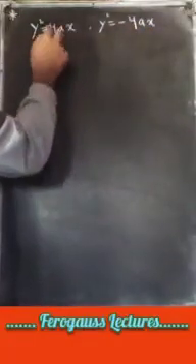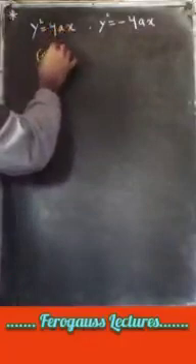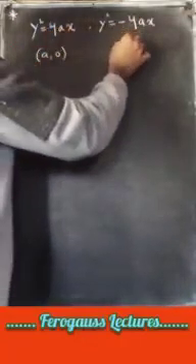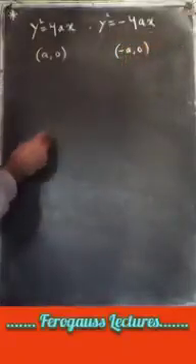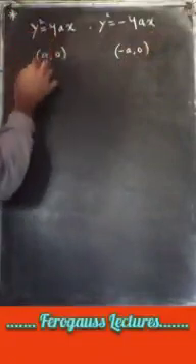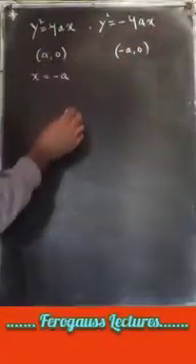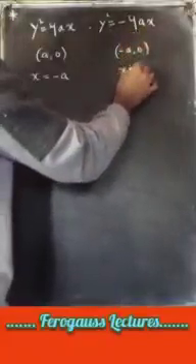And focus of this parabola is a comma 0, and focus of this parabola is minus a comma 0. Equation of directrix for this parabola is x equal to minus a, and equation of directrix for this parabola is x is equal to a.